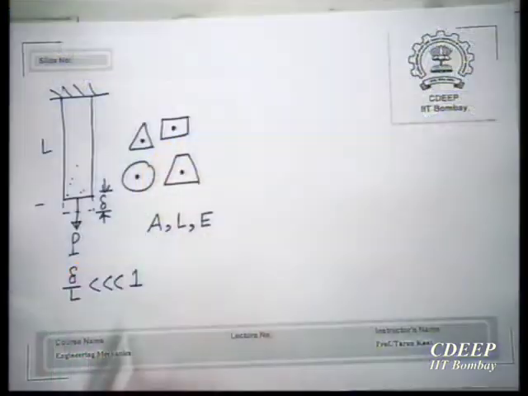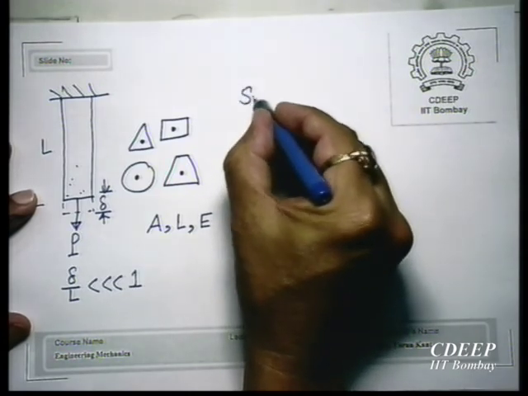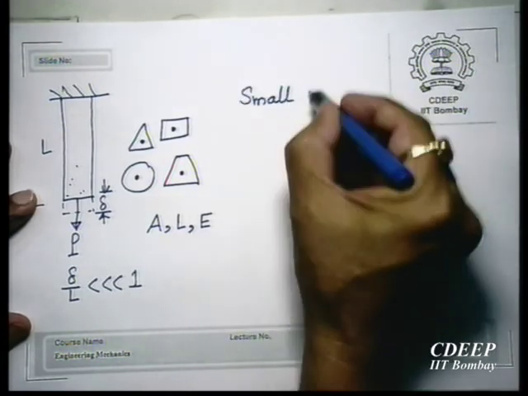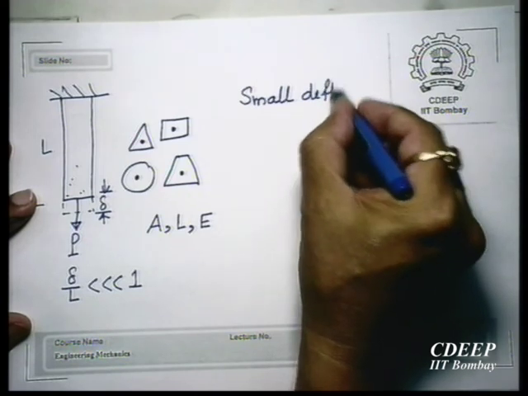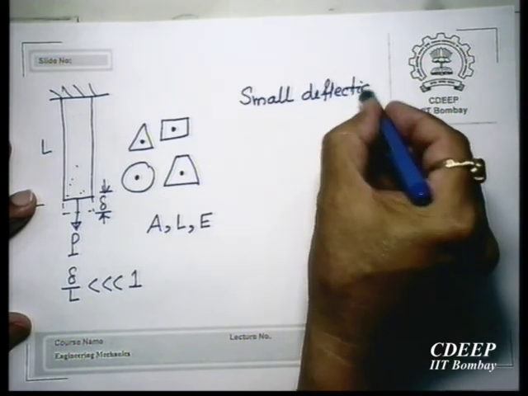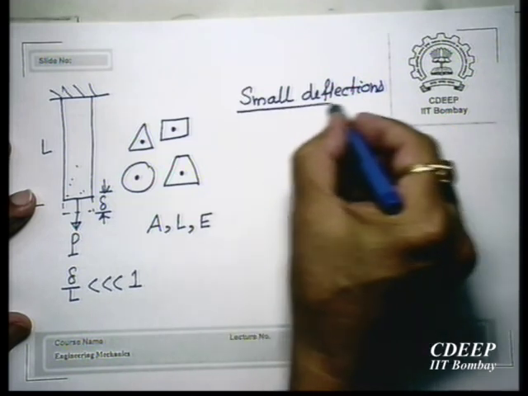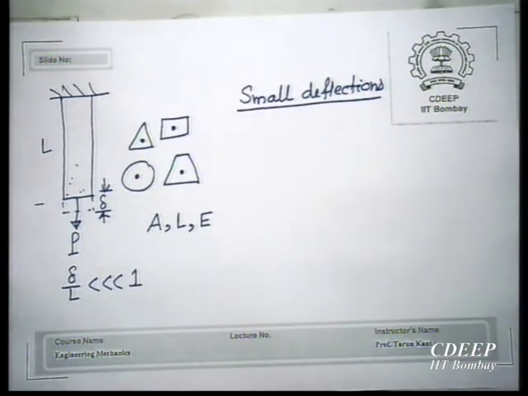So it is a small deflection. So we are considering a small deflection. This is very important. So in addition to the three properties which I have told you, always remember the material is linear elastic, don't say just elastic, say linear elastic, homogeneous and isotropic, and then we are considering small deflections, because otherwise this will not be valid.